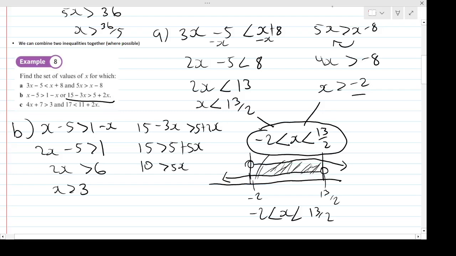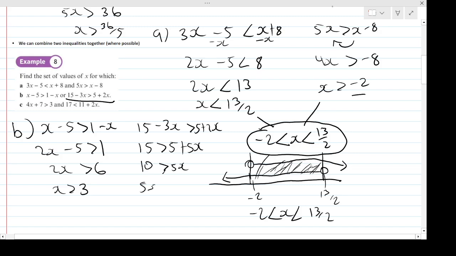What I'm going to do here is, at this point, that's saying 10 has to be greater than 5x, which also means 5x has to be less than 10. To help you visualize the inequality, I always like my variables, my x's, to be on the left side, but not on the right side of the inequality like this. What you can do is flip it the other way around.